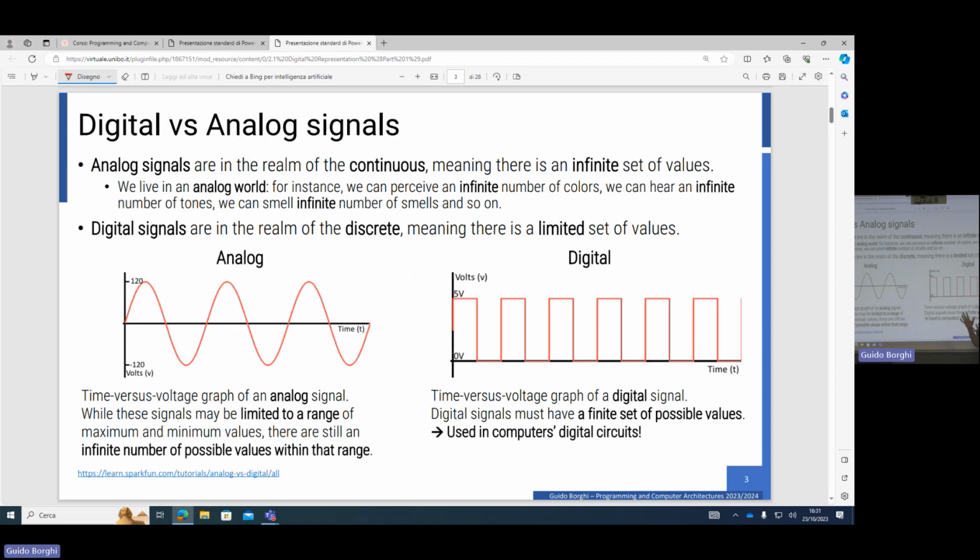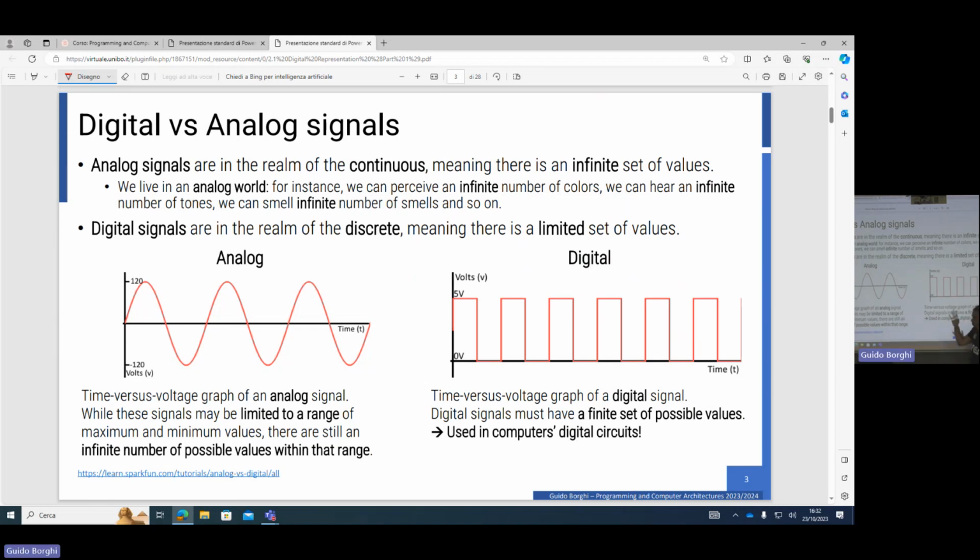The difference, maybe you are able to see it, is that in this graph we have only a finite set of possible values. In particular, the possible values are only two, 5 or 0. 5, 0, 5, 0, and so on. Here we have an infinite set of values. Here only two, 5 and 0.